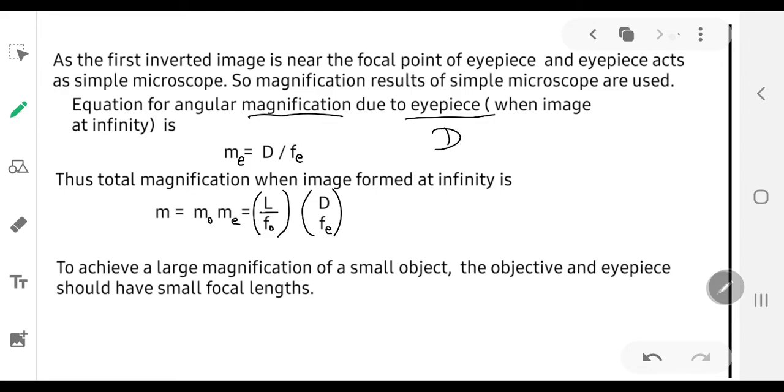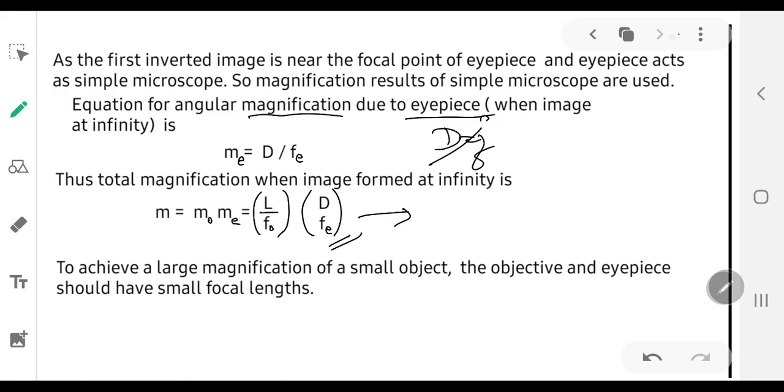Usually it is D by F, but as we have to indicate that the focal length is of the eyepiece, we write FE, subscript E. So the total magnification is M equals M naught into ME. M naught is L by F naught, into D by FE. So this is the total magnification caused by the compound microscope.